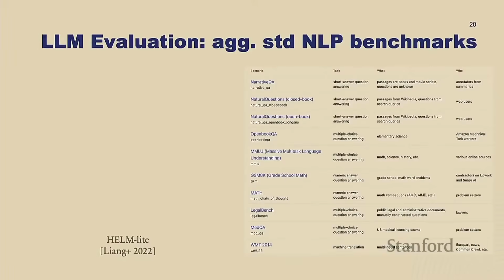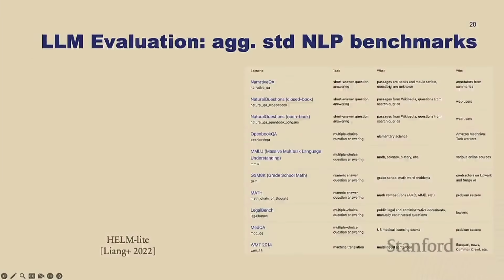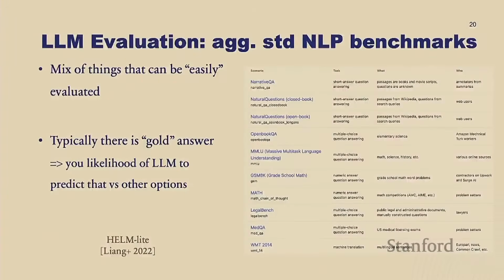Two such benchmarks are HELM, which is from Stanford, and the Hugging Face Open LLM Leaderboard, which are probably the two most common ones right now. Just to give you an idea, in HELM there are all of these types of tasks, mostly things that can be easily evaluated, like question answering. Think about many different question answering tasks. The benefit with question answering is that you usually know what the real answer is.